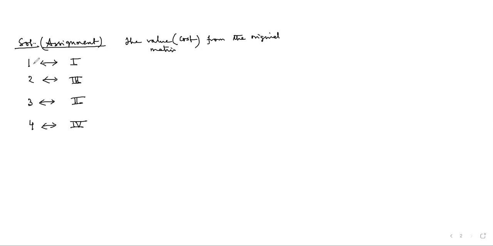Once we assign person 1 to job 1, let me see the problem. From the original matrix which was given in the problem, the cost was $1. So let us write it out. Just check what is written in your copy, $1.